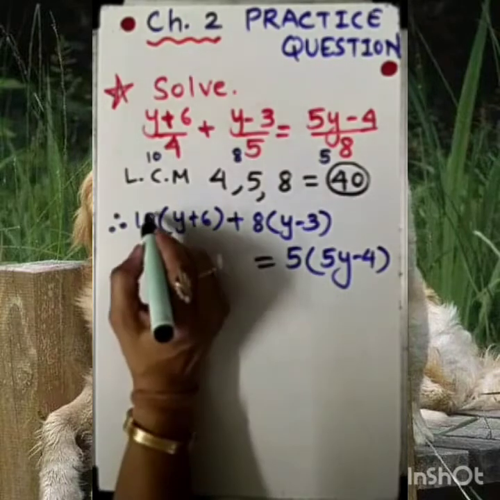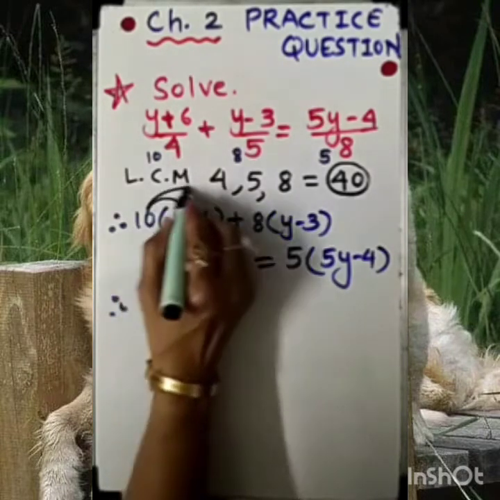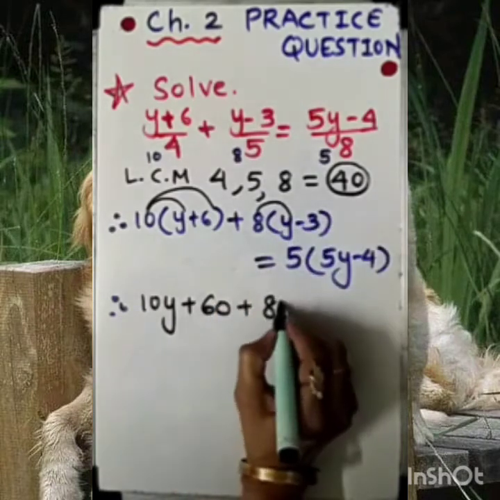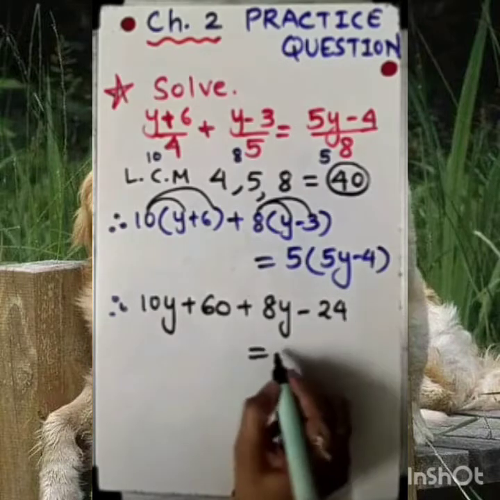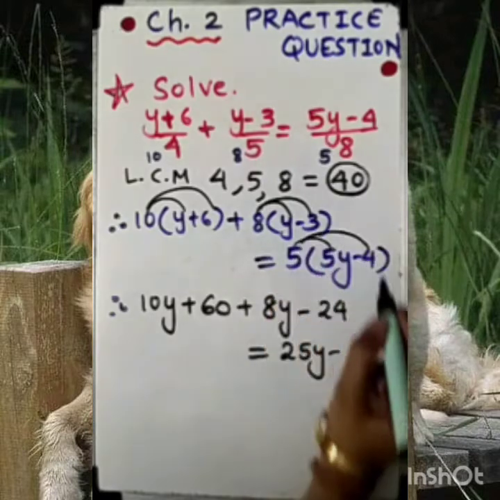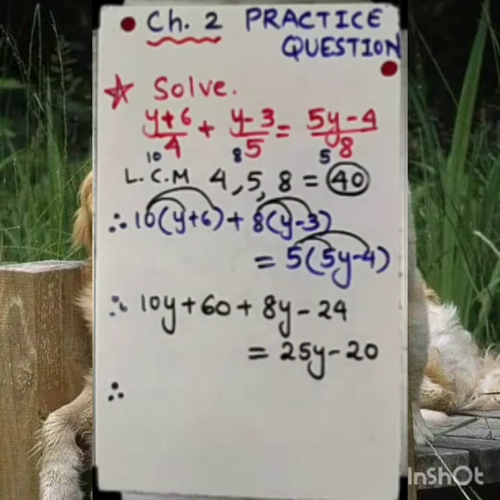10 multiplied by y gives 10y. 10 6s are 60, plus 8 into y is 8y, minus 8 3s are 24, 5 5s are 25y, minus 5 4s are 20. This is our normal linear equation.